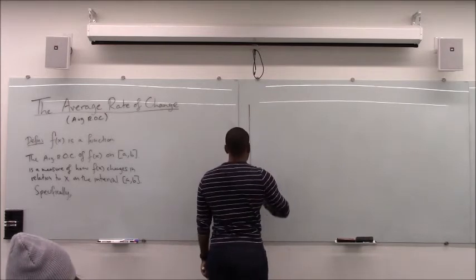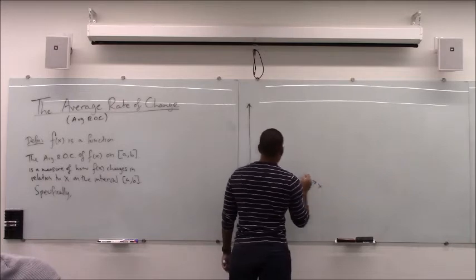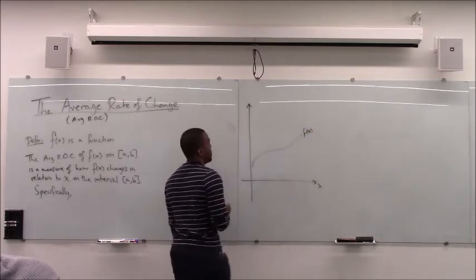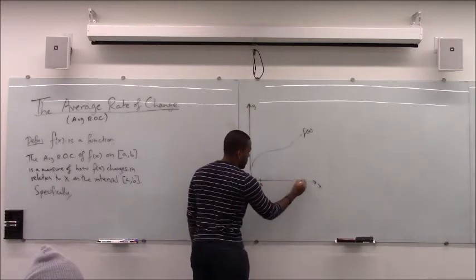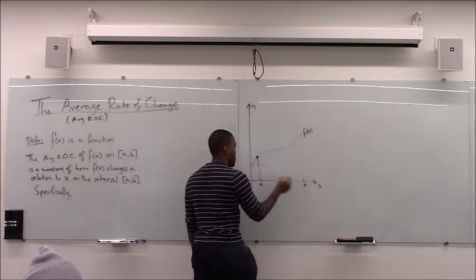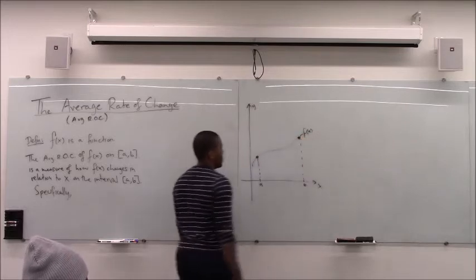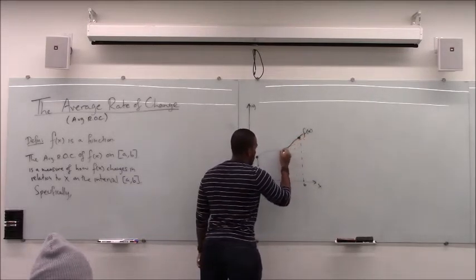So here's our function doing its thing. I think that's your f of x, y. And there's a specific interval I'm thinking about, AB. So your function is doing its thing on this interval AB.